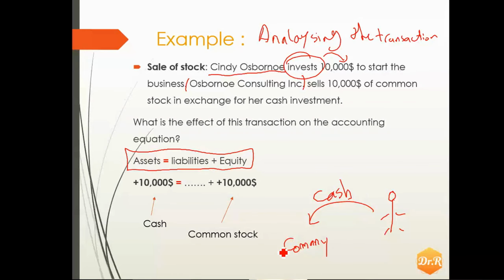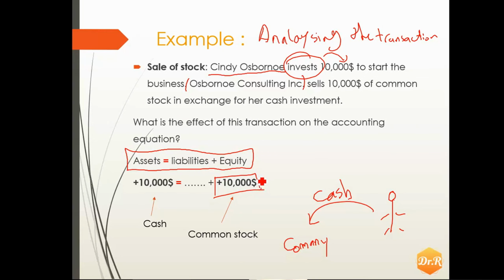If we want to reflect this in the accounting equation, when the owner gives money to the company, it means the owner is making capital. So we have an increase in owner's equity as capital, common stock. This is one side. As we remember, each transaction has a dual aspect.